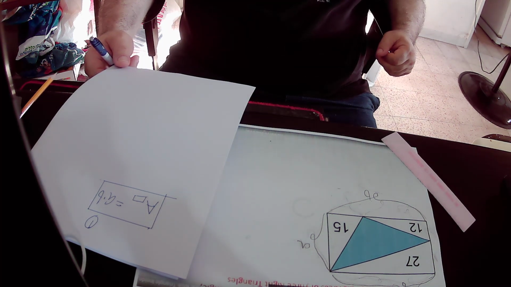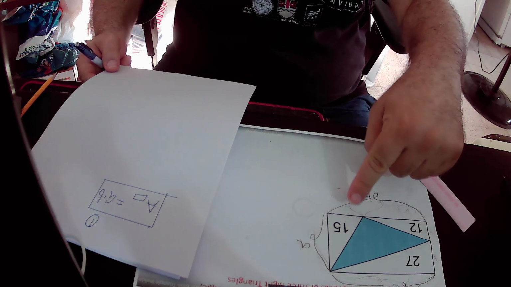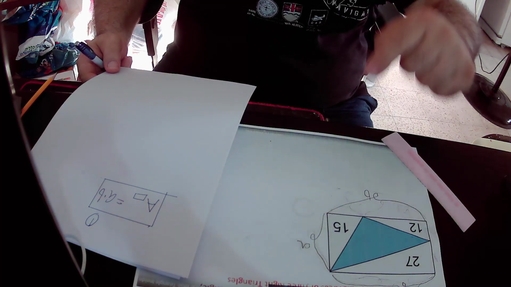So the formula for the area of a triangle is actually the base of the triangle times the height of the triangle divided by 2.